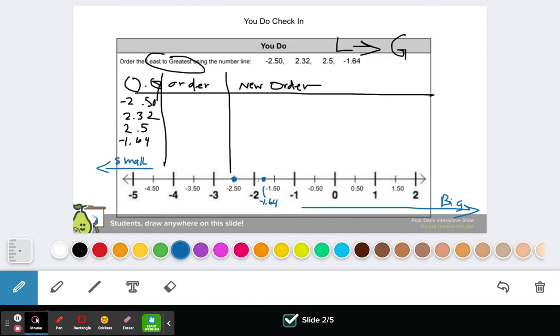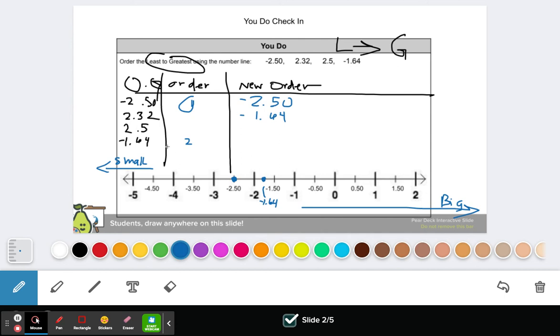So again, the number to my left is going to be very small compared to my number to the right. So this one's going to be first. And then I'm going to write that right here, negative 2.50. Then next is my next negative number, which is negative 1.64 hundredths.